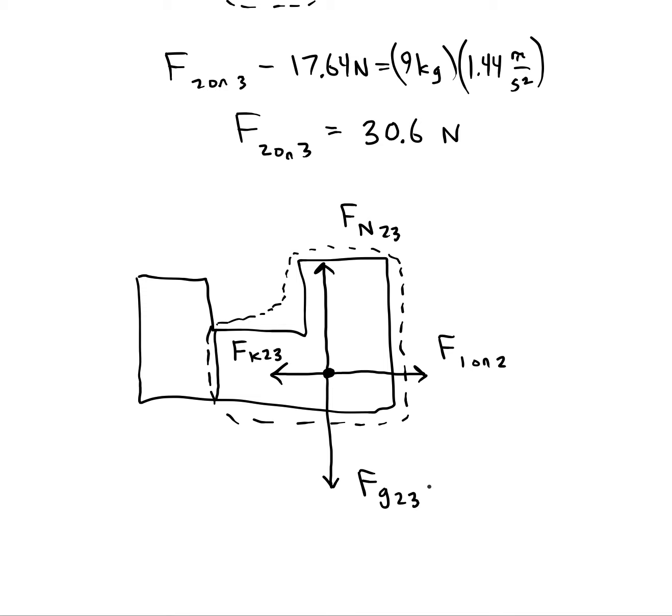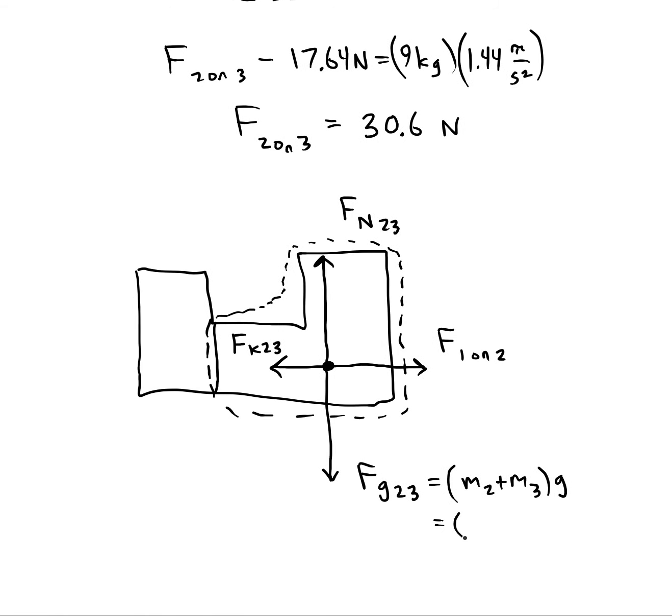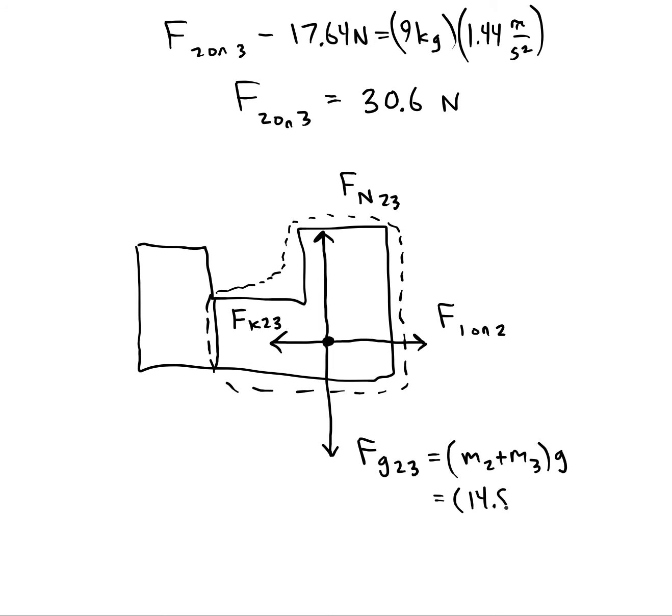Alright, go through all the calculations. So the weight will be M2 plus M3 times G. And that's going to be 14.8 plus 9 times 9.8, 233 newtons.